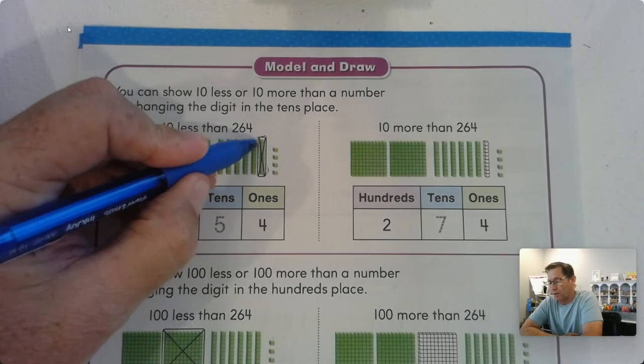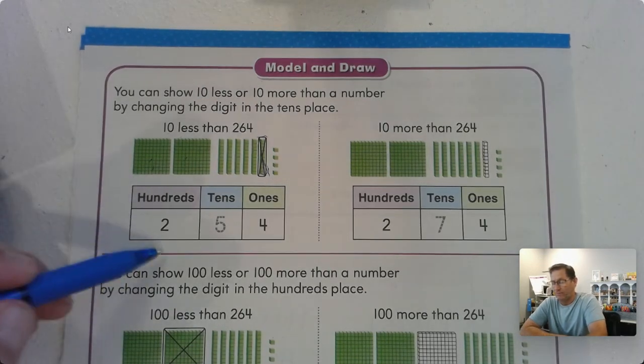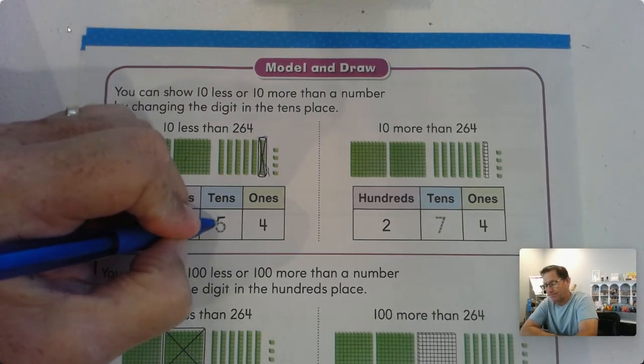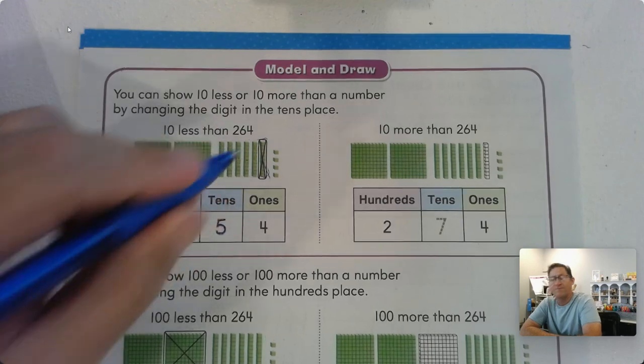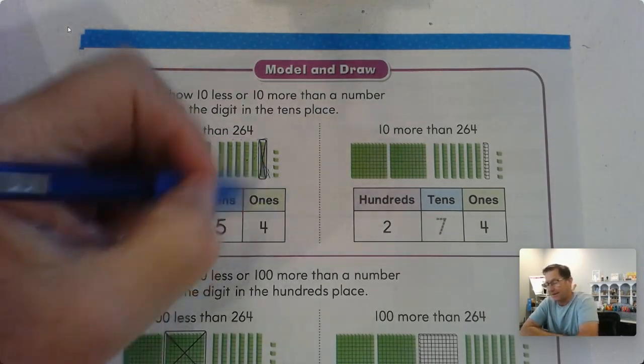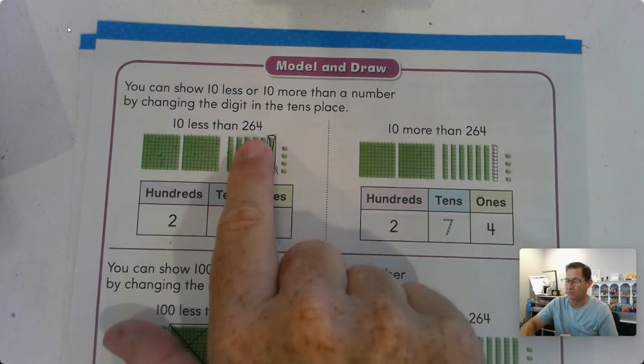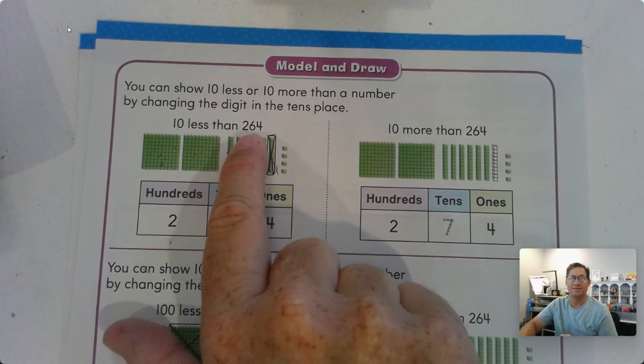So put a box around it and cross it out. Now what are we left with? We're left with 200, 1, 2, 3, 4, 5 tens, and 4 ones, and that makes sense. 6 tens take away 1 ten is 5 tens. So 10 less than 264 is 254. All we're doing is subtracting 1 from the tens place.